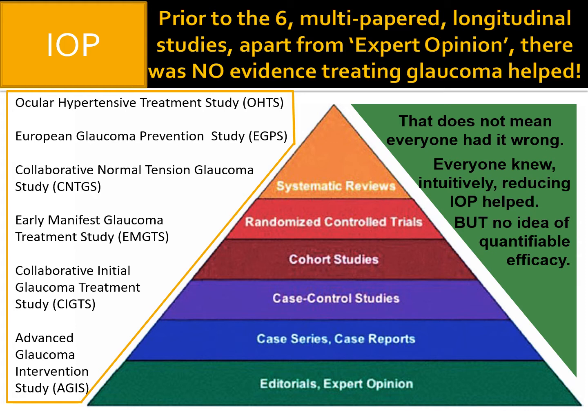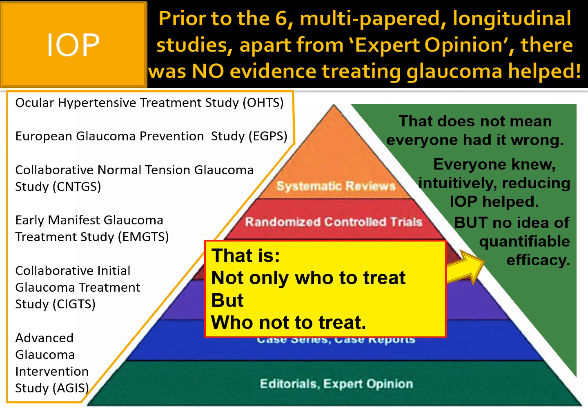I think most people intuitively knew that reducing IOP helped, but we couldn't quantify it, and therefore had no idea, for instance, of who to treat, how aggressively to treat, and indeed maybe who not to treat. So these 6 studies gave us evidence within parameters.